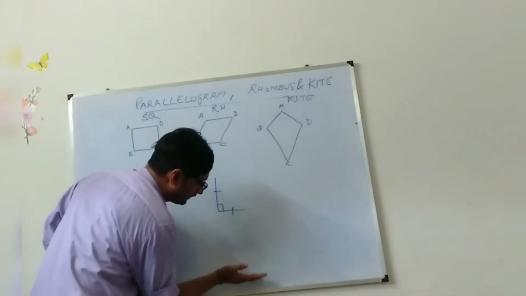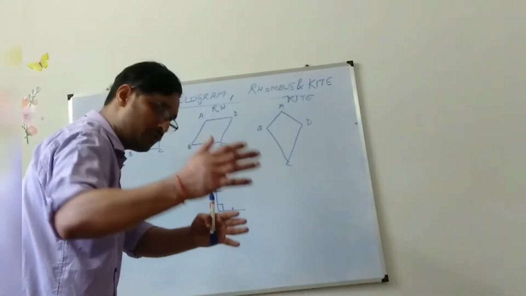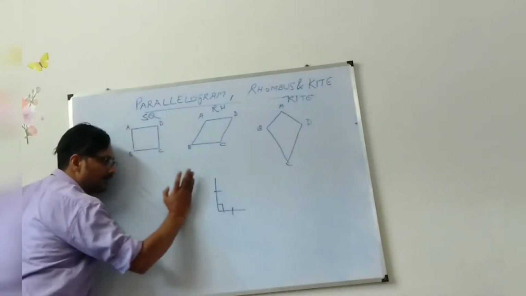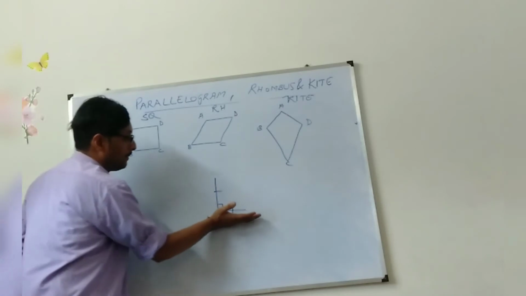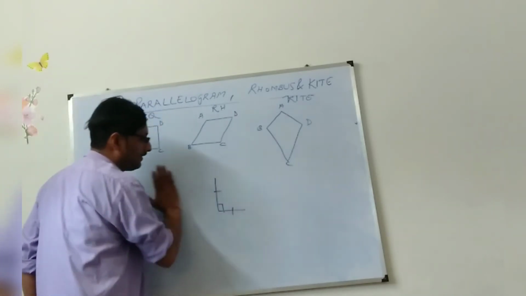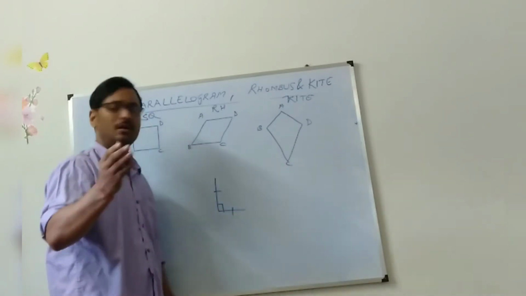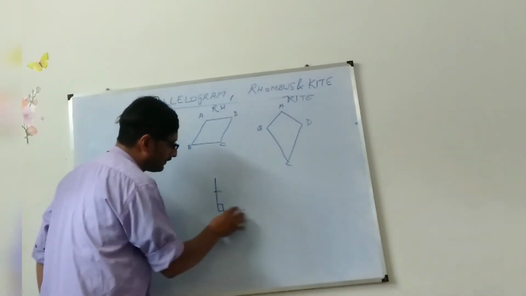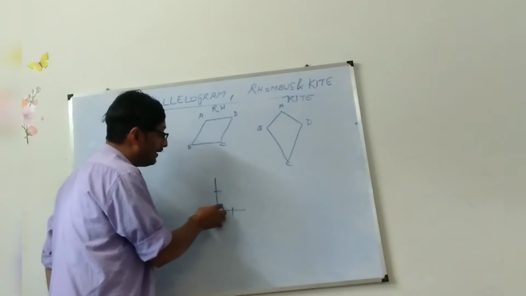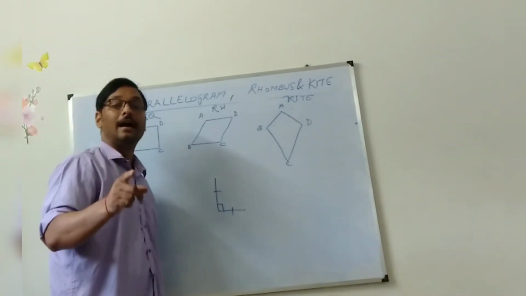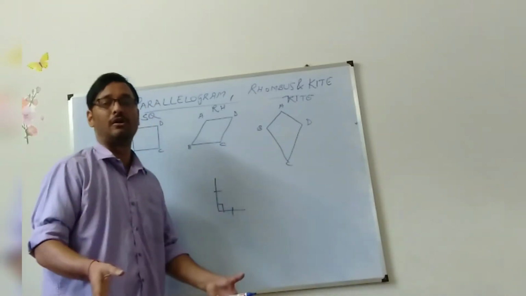If you are looking from your side, this is the base, and if I am looking from this side, this is the base. This is the base of yours and this is the base of mine. So it doesn't matter. If you are looking from this side, if this is the base and here it is making 90 degree, then another side has to be height. Another side has to be perpendicular, whatever name you call it.